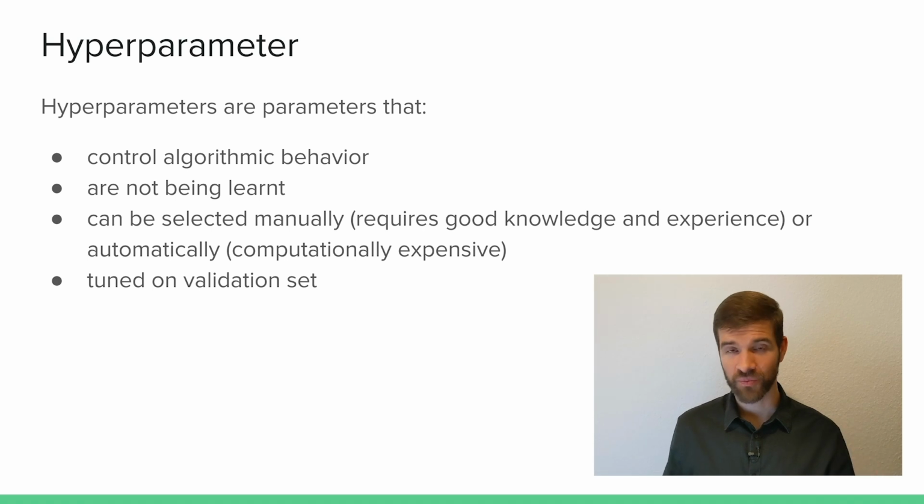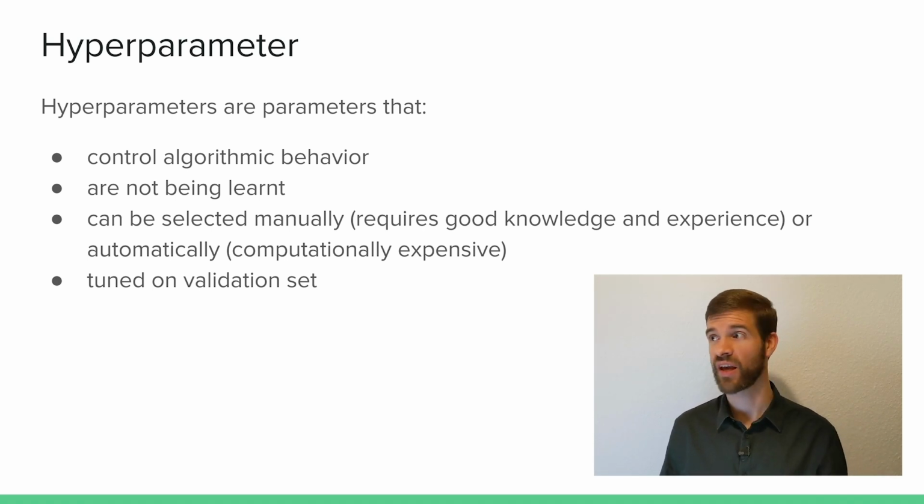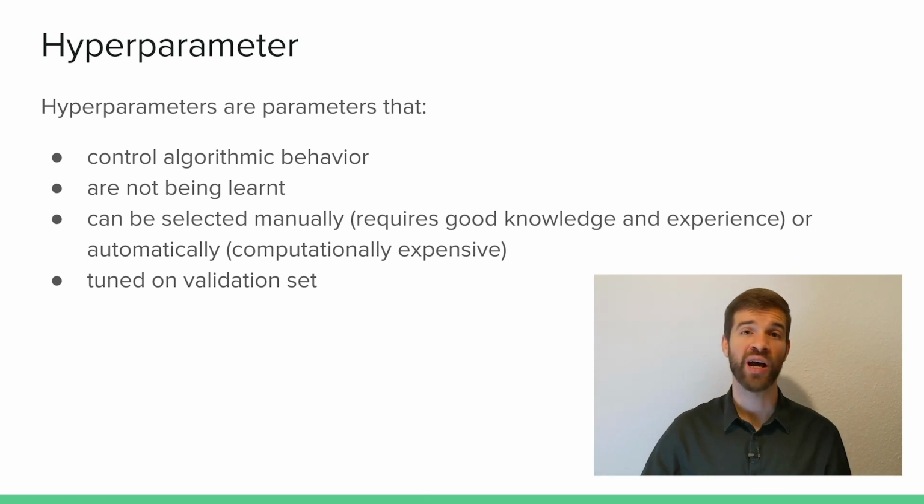And basically, we can either select them manually by just saying, okay, I want to have 3 layers, which, if we want to perform such a decision, we need some knowledge and experience, so we can make an educated decision here. Or if we automatically want to determine the best value for this hyperparameter, it becomes computationally expensive.